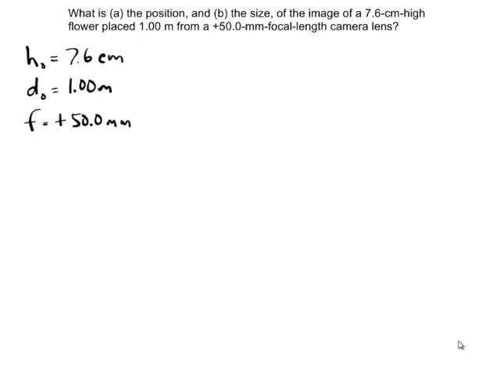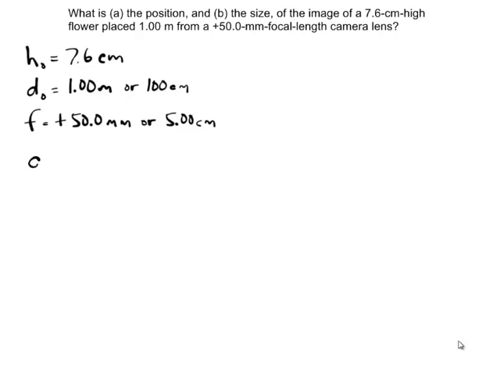I'm actually going to go with centimeters here, and I'm going to take the object distance, and I know that 1 meter is 100 centimeters. Also, I know 50 millimeters is 5 centimeters. Now that they're all in centimeters, I can use the equations. So the first thing we're going to do is find the position.